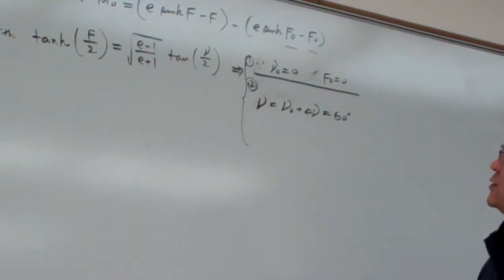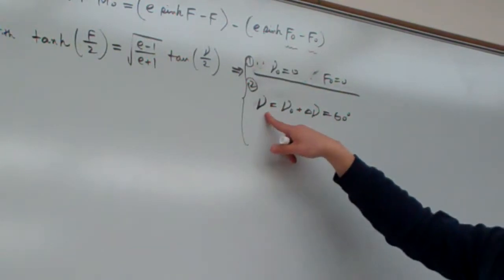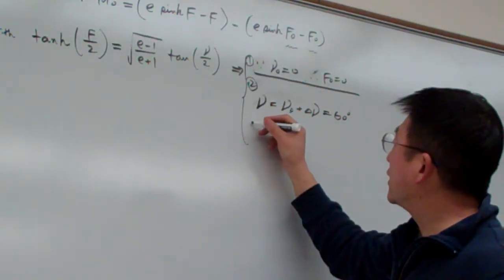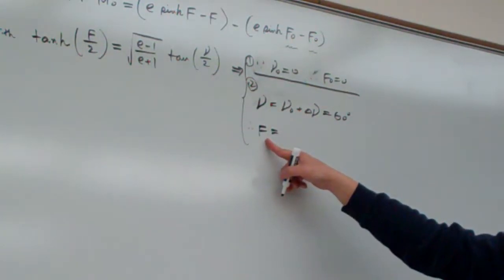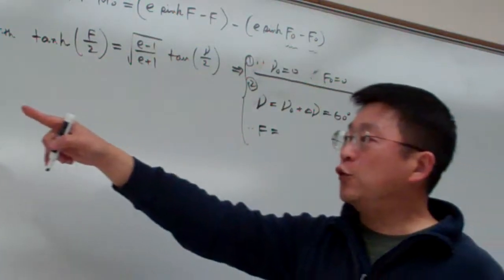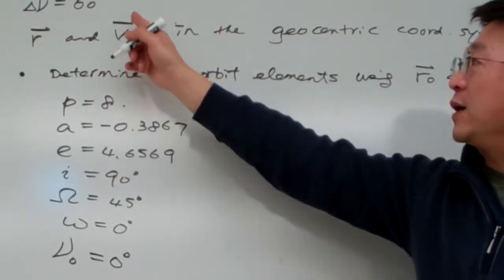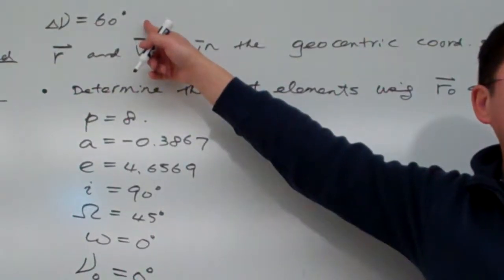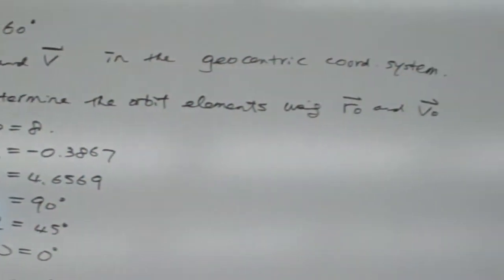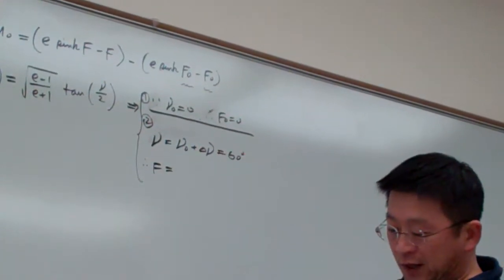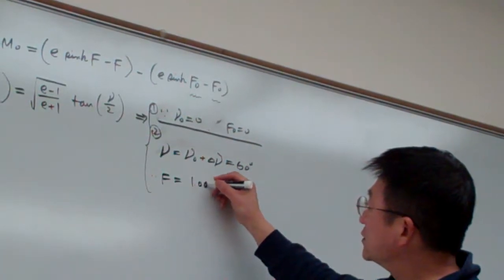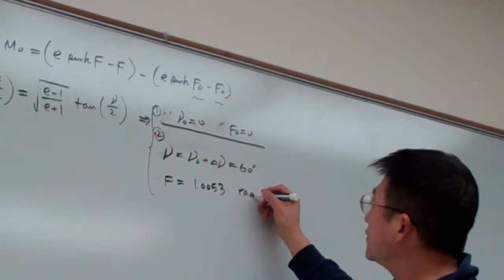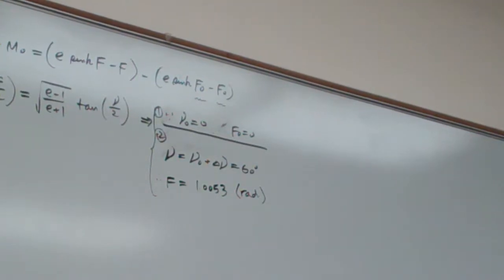The second piece: from here we determine nu, we can also determine F, which is the corresponding eccentric anomaly corresponding to this traveling. So from here we can determine F, and that will be equal to 1.0053, and everything is in radian. Be good.